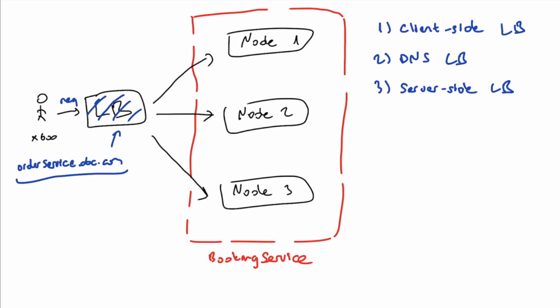And this load balancer has the incoming request, and now it also knows all the existing nodes for the booking service, because in this case the load balancer is part of our company or our application, and they are aware of each other. So the load balancer knows which nodes exist, and it can just decide which one to send the request to.